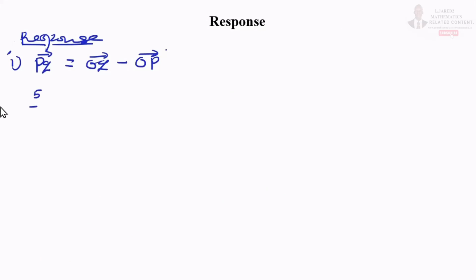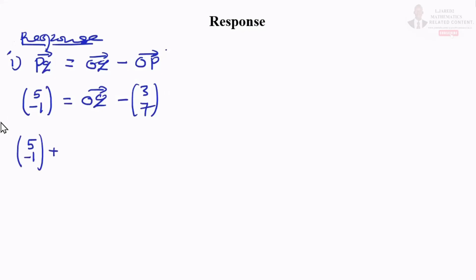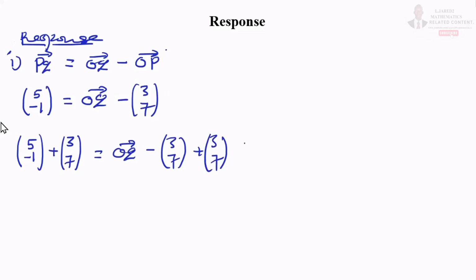So on the left hand side we have (5, -1) equals vector OQ, which we want to obtain, minus vector OP, which is (3, 7). Let's simplify by making OQ the subject, so we add (3, 7) on both sides, remaining with vector OQ equal to (5, -1) plus (3, 7).